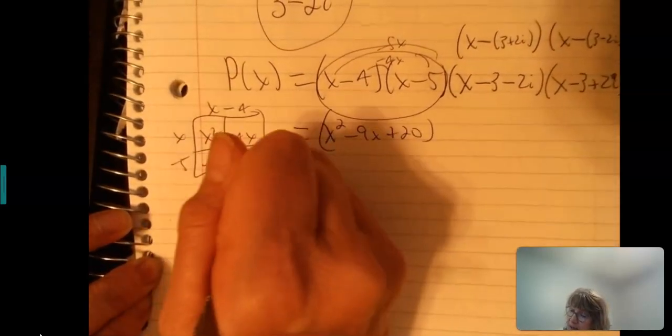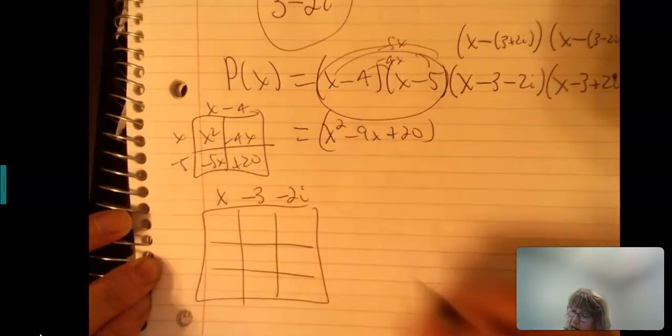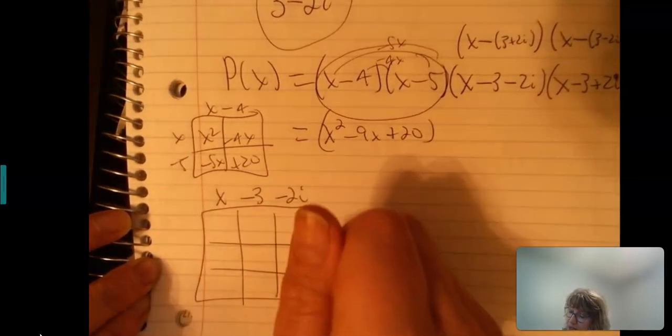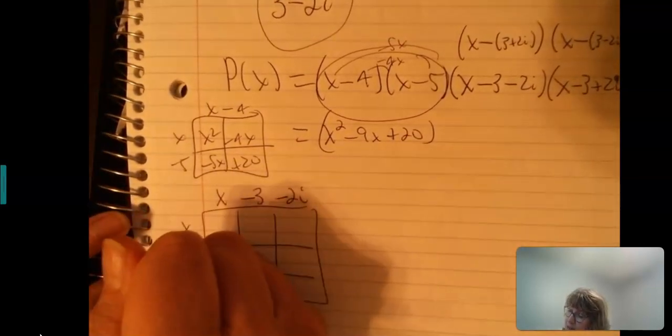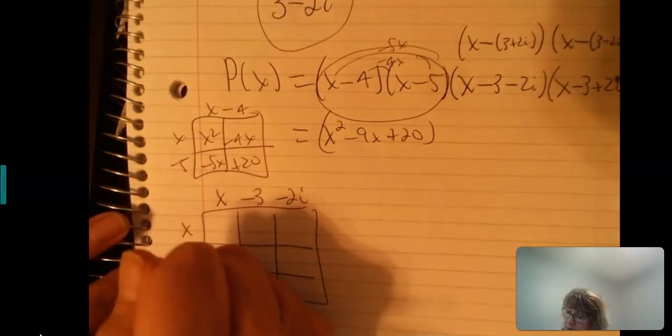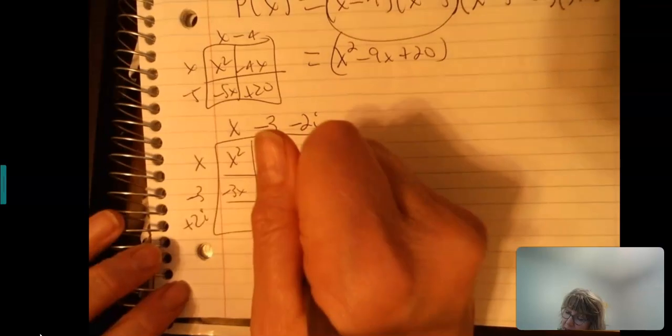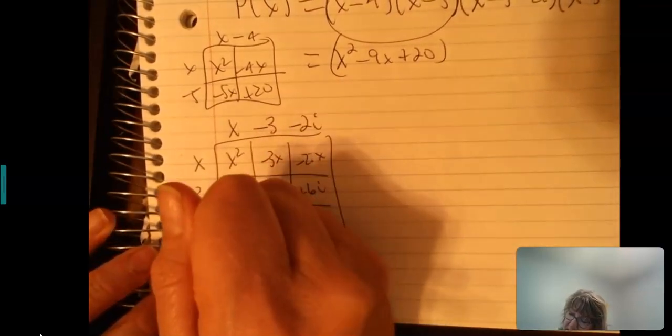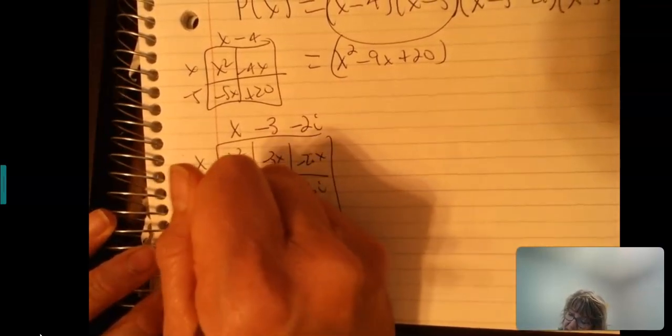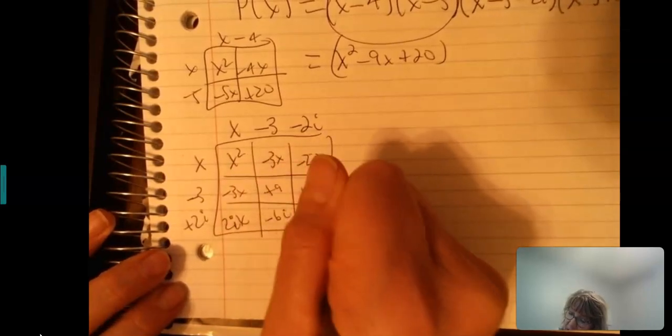I have x minus 3 minus 2i, and then, and again, it doesn't matter which sides. It doesn't matter. All right, there we go. Okay, so multiply, I get x squared, negative 3x, negative 2ix, negative 3x, positive 9, I'm just multiplying, positive 6i, 2ix, this is a lot, negative 6i, and a negative 4i squared.